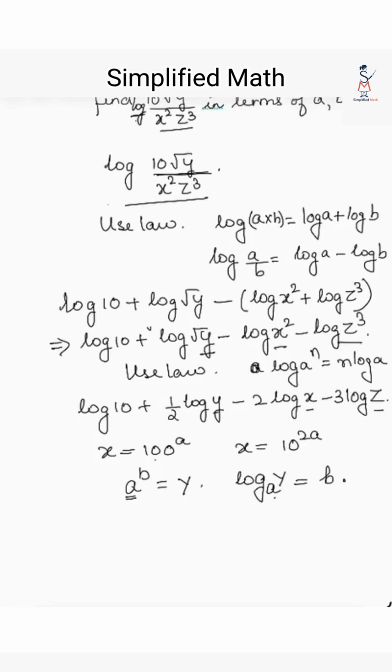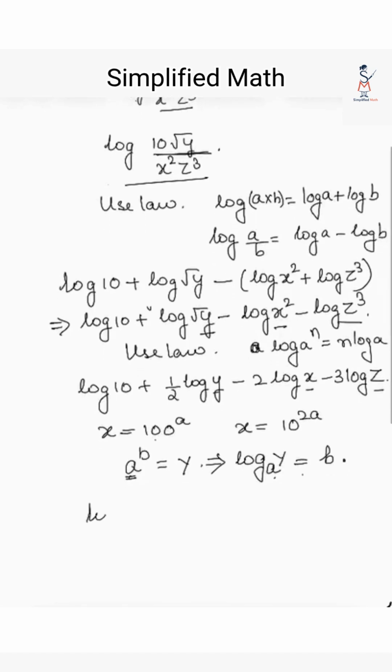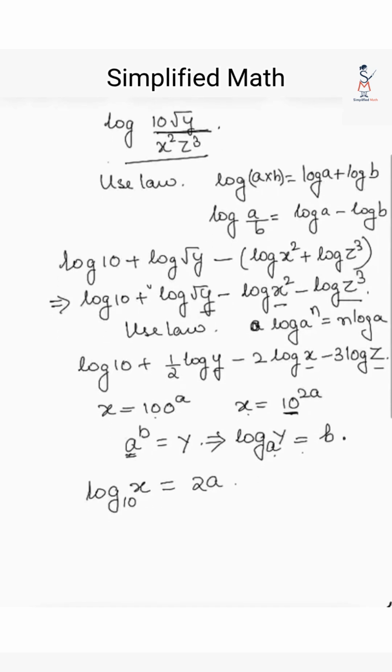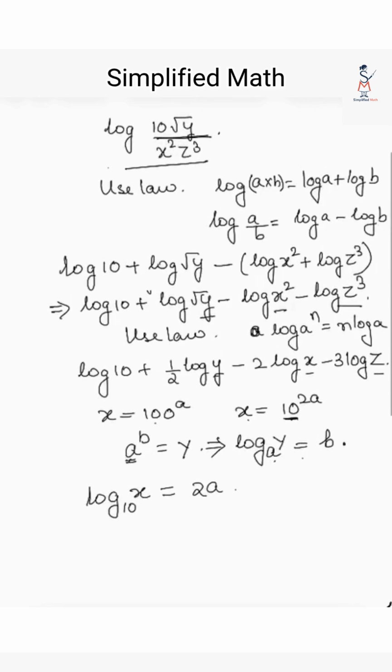This is how we change exponential form into log form. So this will become log x to the base 10 is equal to 2a. Fine. So we got log x in the form of a.